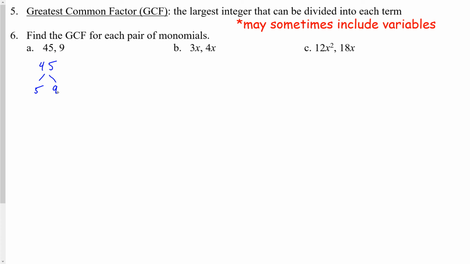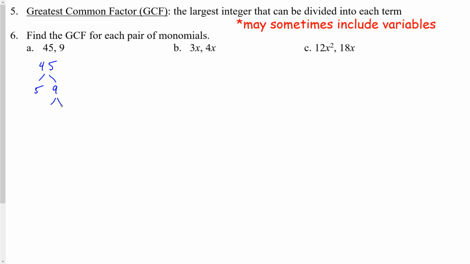So 5 is an example of a prime number because it is only divisible by 1 and 5. 9, on the other hand, is not a prime number. It can be broken down further. 9 has factors of 1 and 9, but can also be broken down into 3 and 3. So that tells us that it's not prime.